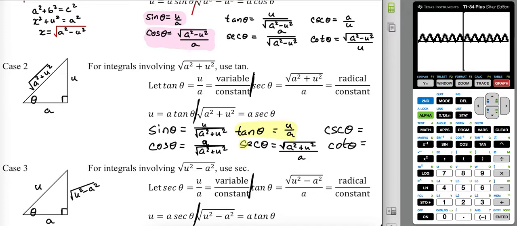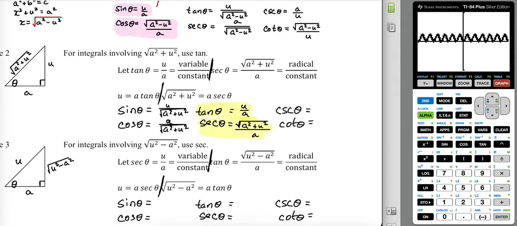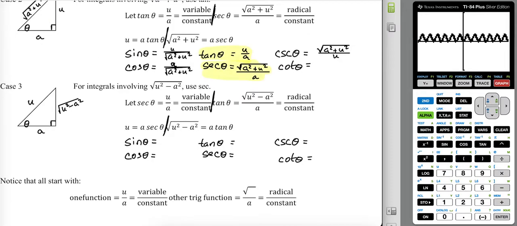So at this point, you can stop because you got the important ratios that we care about. But just to make it complete, the reciprocal of sine is the square root of a squared plus u squared over u. And for cotangent, it's just a over u.